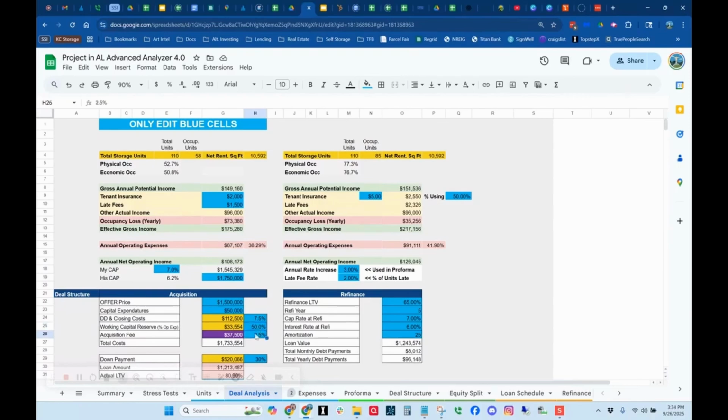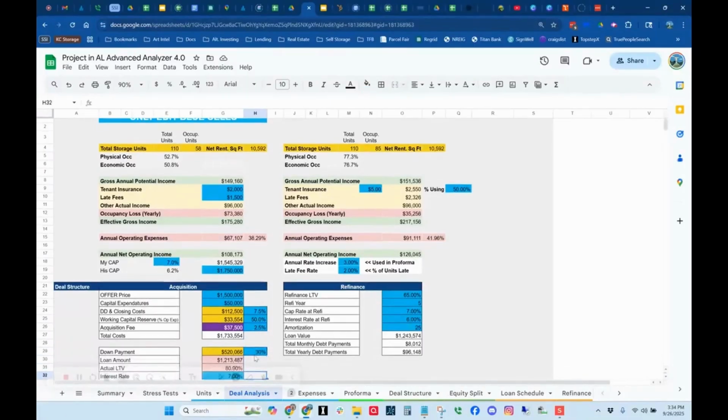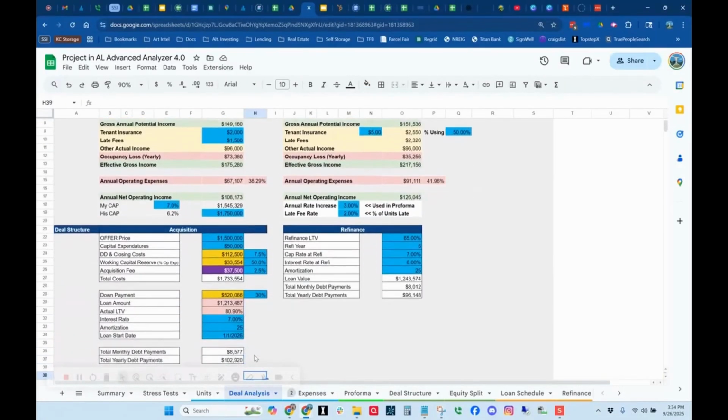And then the acquisition fee is paid to the individuals that actually acquire the facility and do all the due diligence work, doing the legwork for getting the loans. And coming down further to the down payment, this is the percentage you think you're going to need for a down payment, and that is calculated off this total cost.